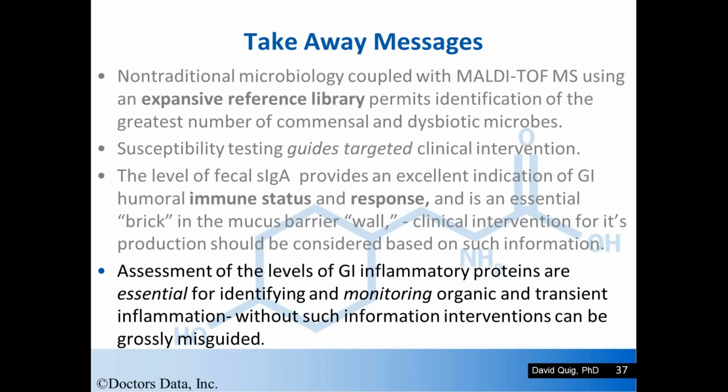Assessment of the levels of the gastrointestinal inflammatory proteins is essential for identifying and monitoring organic versus transient inflammation. And without such information, interventions can be grossly misguided, as I showed in the case where only bacillus showed up and the clinician only looked at microbiology.